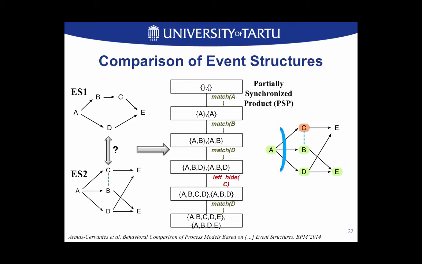This is a fragment of it. There are some branches I am not showing here in this partially synchronized event structure. And this is telling me, if I summarize it, that after A in one, I can always do BD in both cases, but in one case I can also do C in conflict with B, and in the other event structure I cannot.